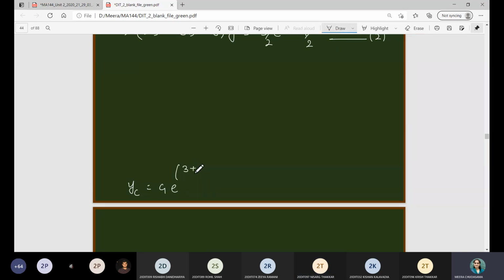Very good. Plus C2 e raised to (3 minus root 57 by 4) t. Yes, that radical with the opposite sign, right? C1, C2 are constants.